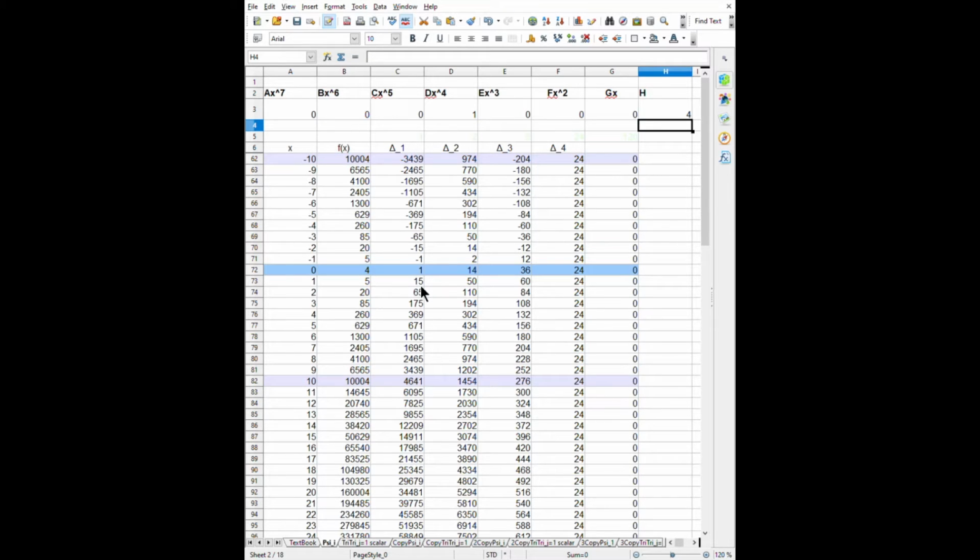The first degree term only affects the first difference, the second degree term affects both the first and the second difference, triangle 1 and triangle 2. The third, the first three differences, etc.